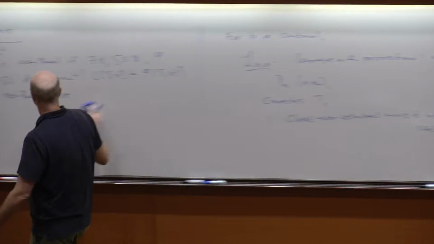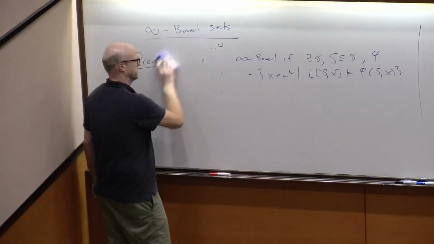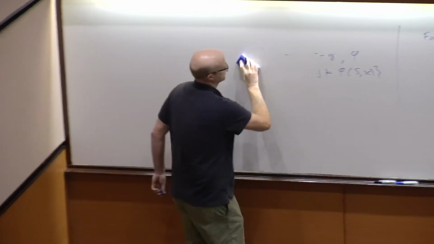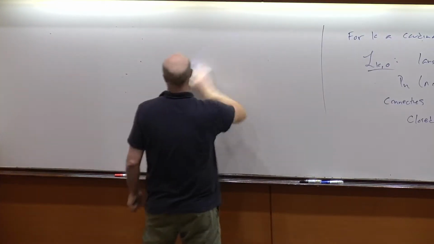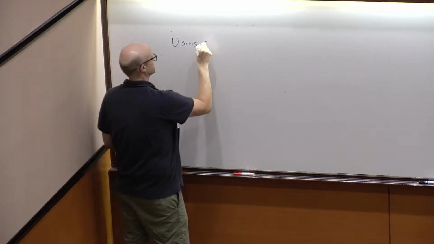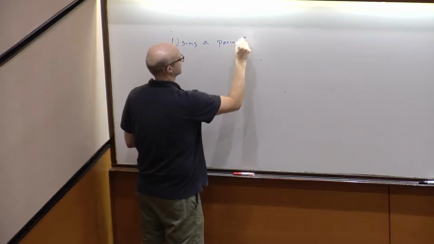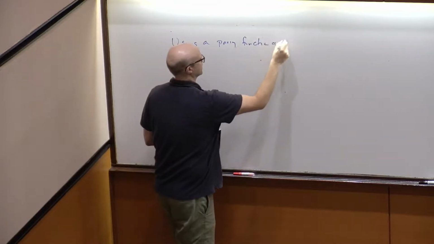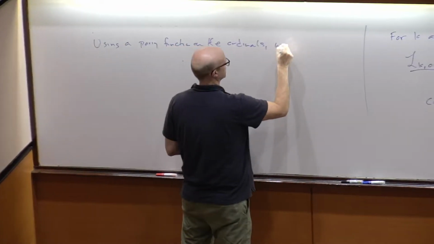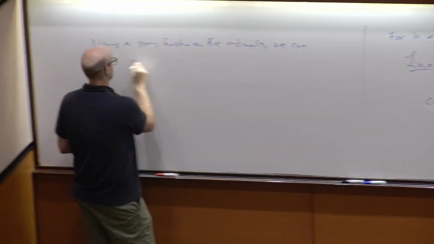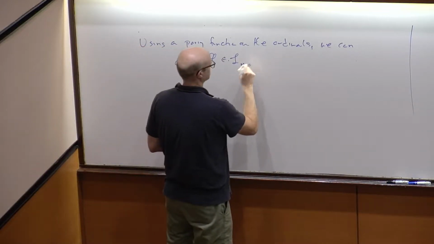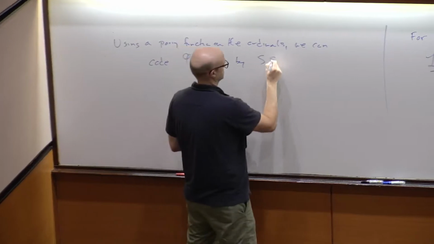Okay, so now there's one more level of coding. We want to code the sentences in this language with sets of ordinals. Using a pairing function on the ordinals, whose details I'll suppress, we can code a formula phi in L kappa 0 by a set S contained in kappa.